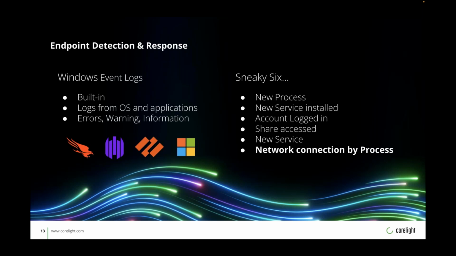New processes, new services being installed, accounts logging in, shares being accessed, a new service starting, and the one we're going to be highlighting today is a network connection by a particular process. This is where something on an endpoint is initiating a network connection. Nothing smarter than that, pretty straightforward, but it's one of those 6 that we should always be looking at.